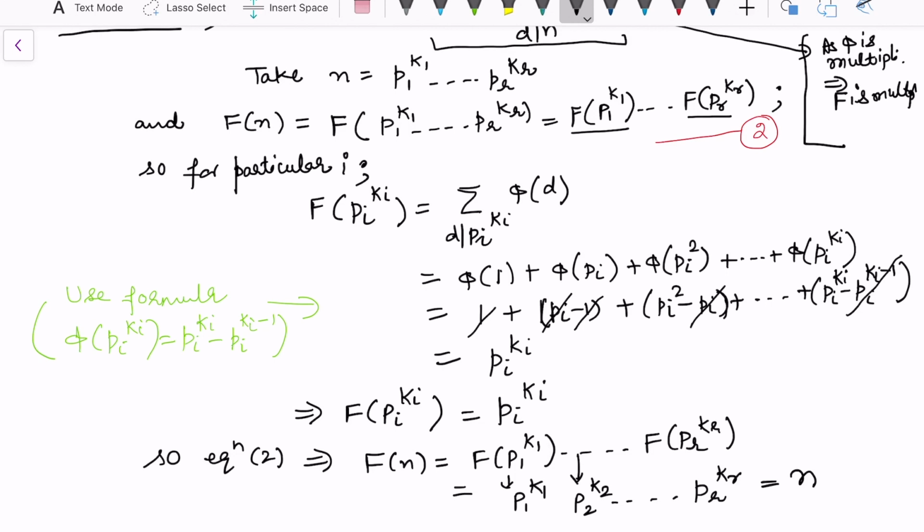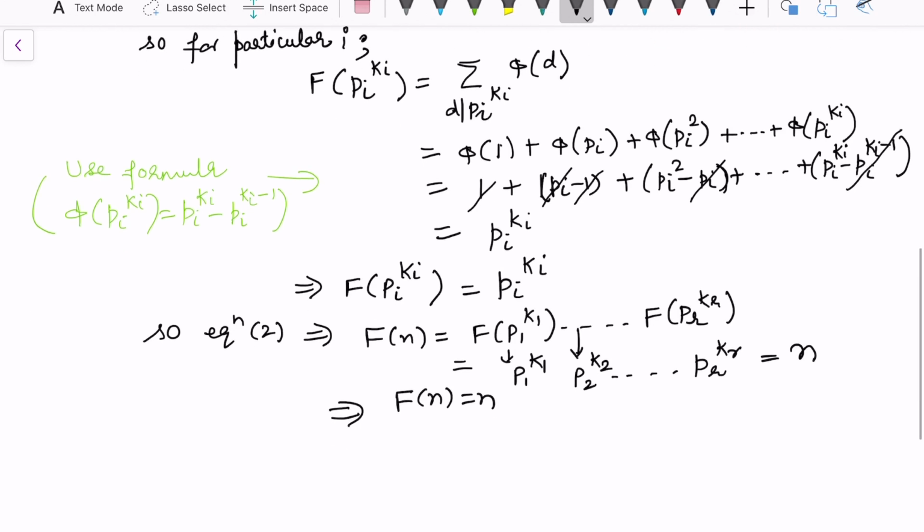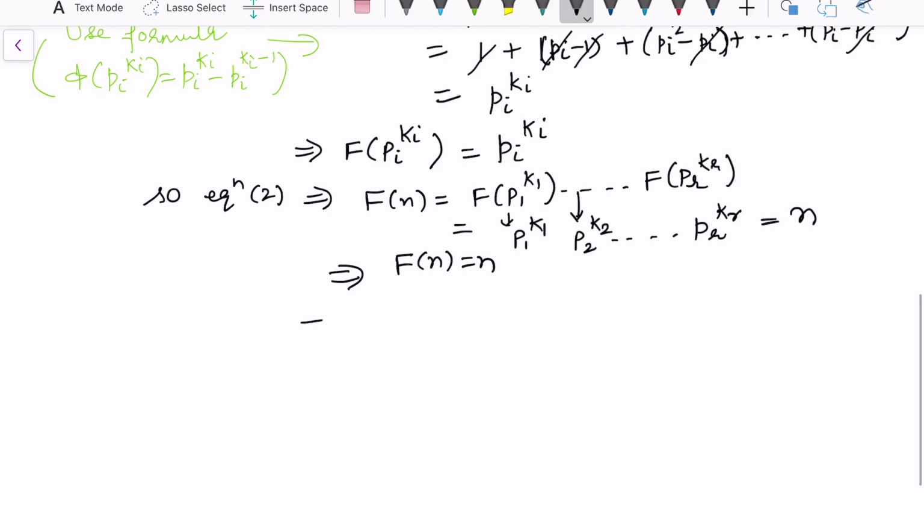So we have proved that fn is n. Fn was nothing but the sum of phi of d over d dividing n, and that is n, and this is what we wanted to prove. So the proof is complete.